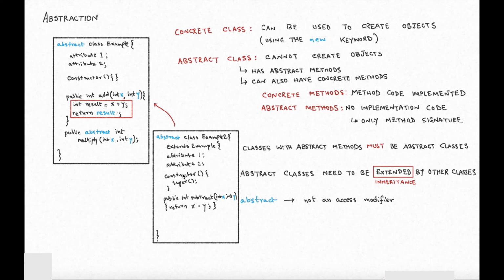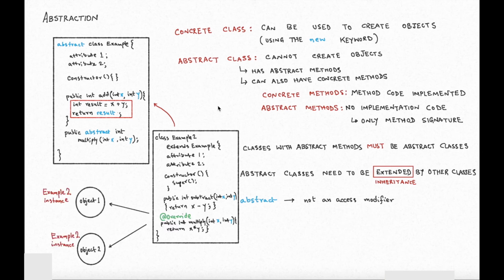If it does not override them, then the child class itself must become abstract, and we saw the example of that right here. However, if a child class does override the abstract methods of its parent class, then the child class becomes a concrete class, and we can create objects from the concrete class, like so.